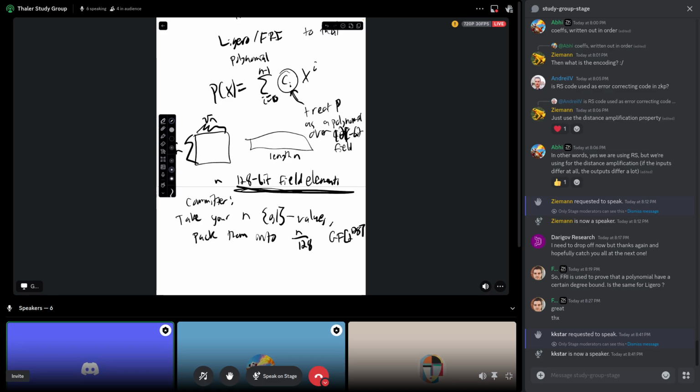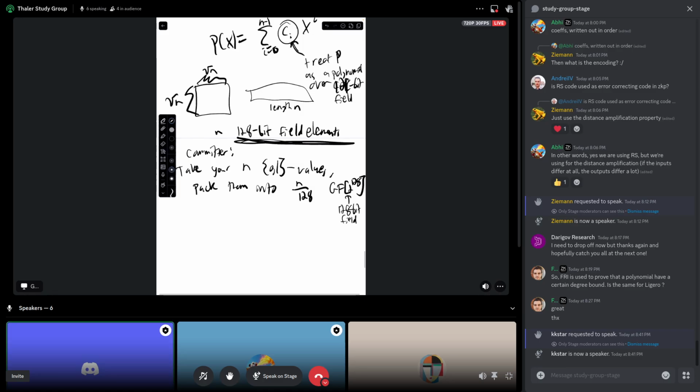And you actually have to work over a binary field for this to all work out. So this is a 128-bit field of characteristic 2. There's a unique field of characteristic 2 that's 128 bits. And so we have a 128-fold reduction in the number of field elements we're committing to.